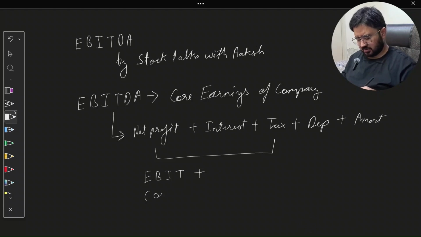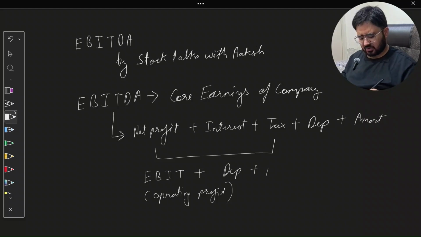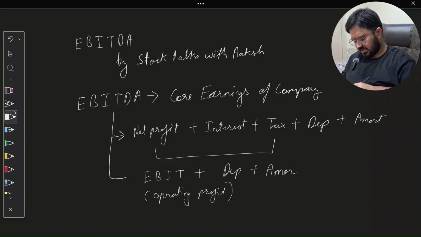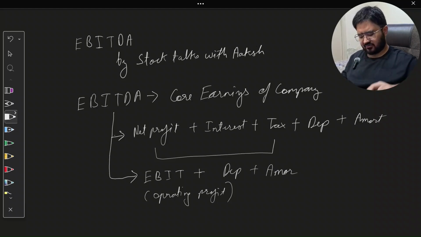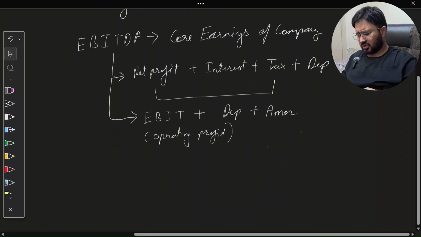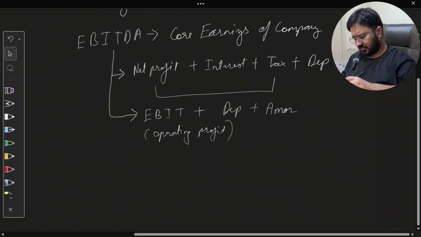So operating profit plus what I and T has already came. What is left? Depreciation and amortization. That is also one of the formulas. It's more or less the same.